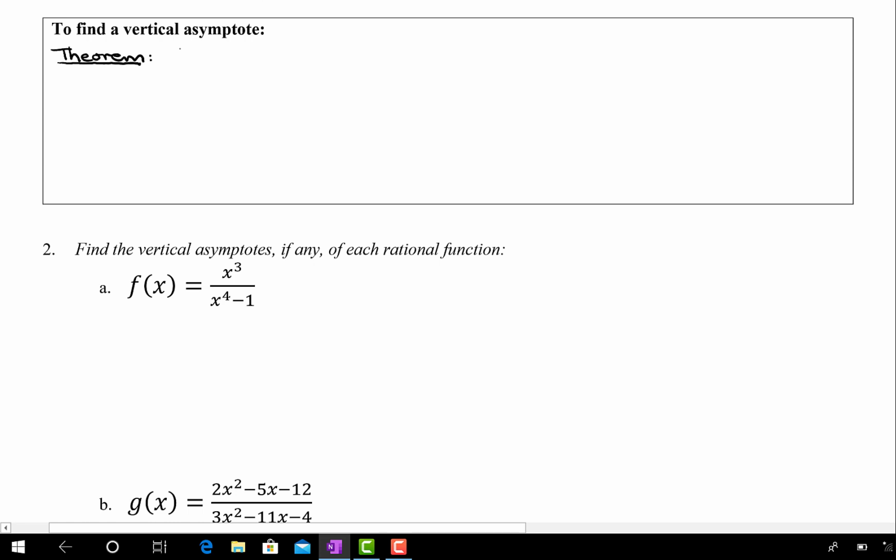All right, let's talk about how to find a vertical asymptote. Theorem: locating vertical asymptote.